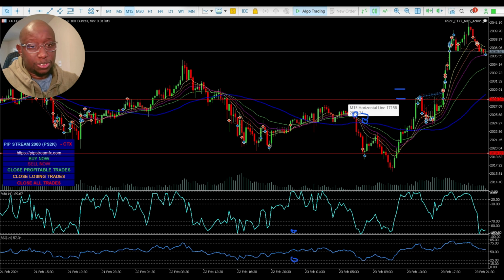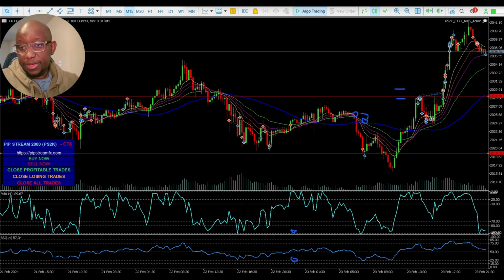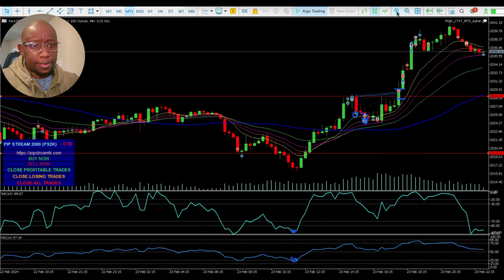Maybe this line is too low, somewhere around here. Yeah, you can see price reaction around this area. Again, price reacted around this area here as well. So this is a respected zone. So that's why I closed. But what I should have probably done is close some and left some to run.